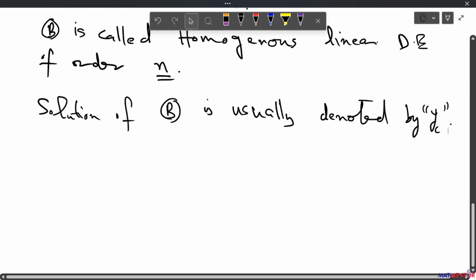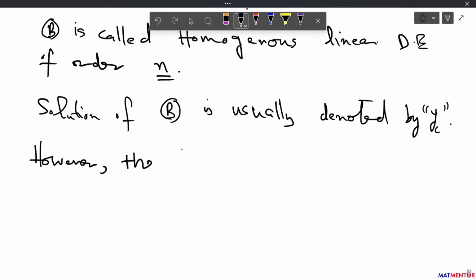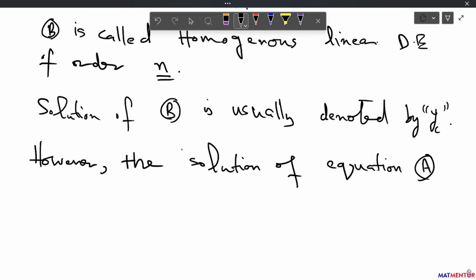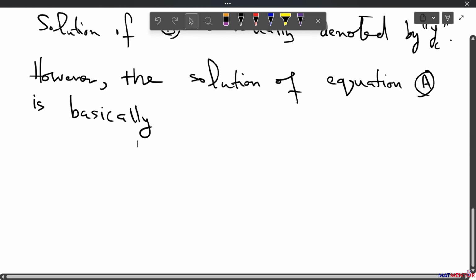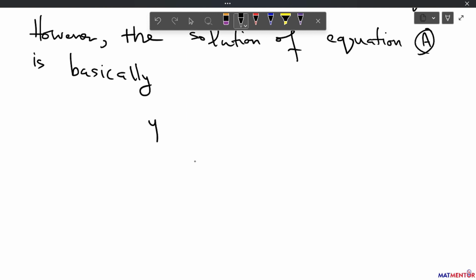However, the solution of equation A is basically yc plus yp, which is equal to y.